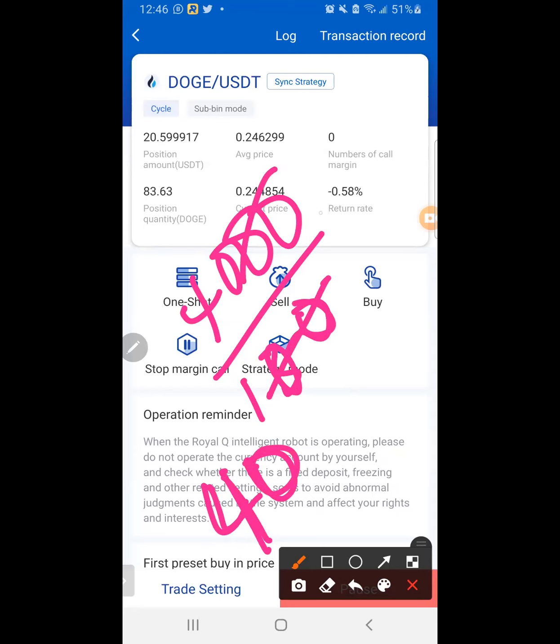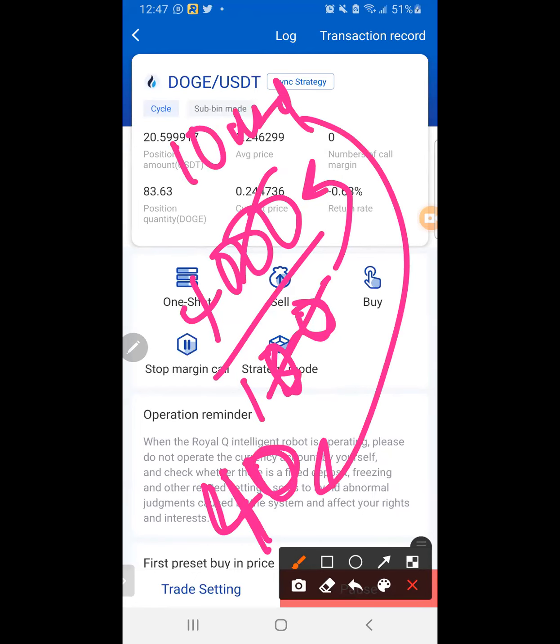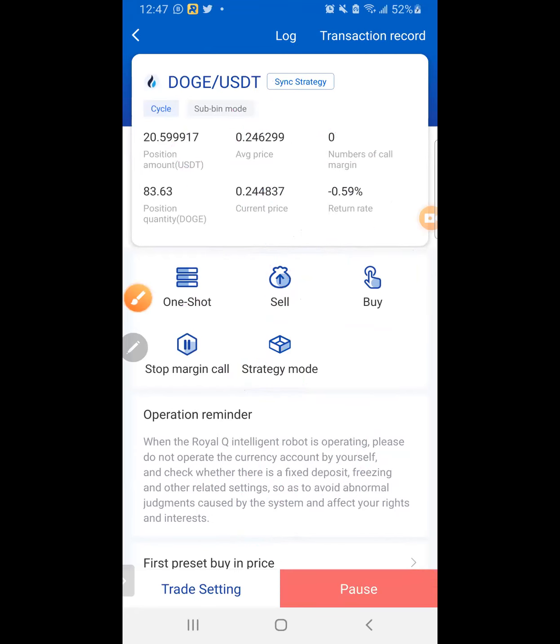So how many of it can you buy? If you are doing 10 USDT, that's when you can only buy 40 pieces. If you are doing 10 USD, that's when you can buy that 40 pieces. But you don't want to do that.